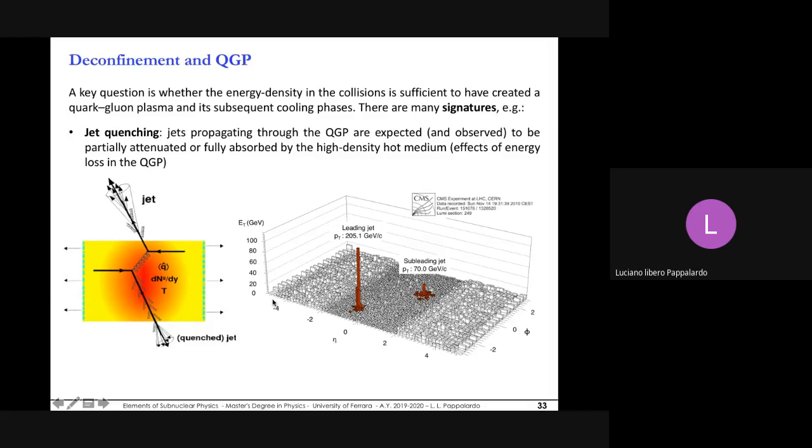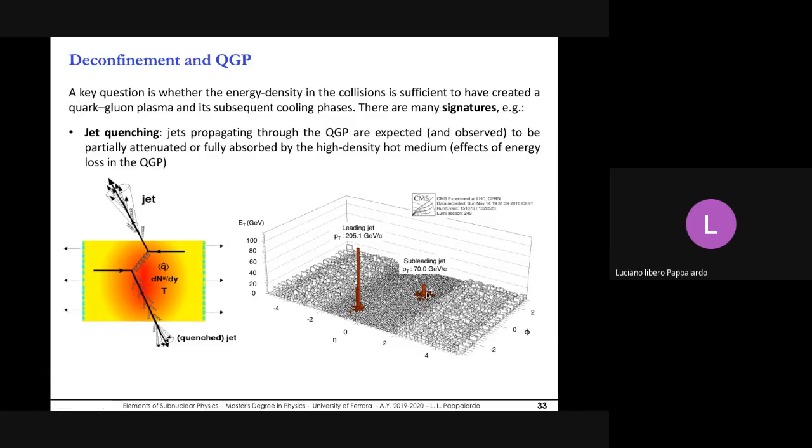So this gives you the eta angle, and this is the phi angle. And you see here this is a calorimeter, okay? So this collects the energy of the jets, a hadronic calorimeter. And you see one of such events where you have a very high energetic jet, the leading jet here, and a suppressed or subleading jet, which is the quenched jet there, okay?